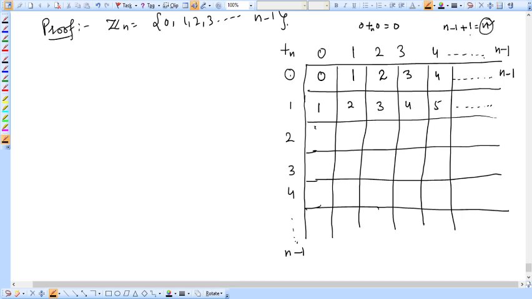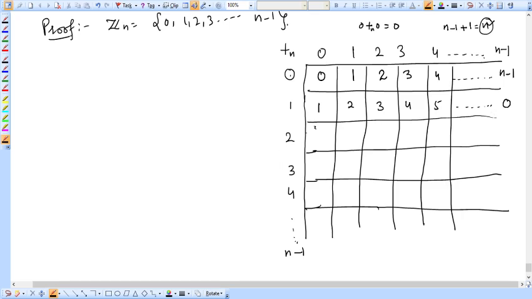Now you are going to divide n by n, so the remainder would be 0 here. So this would not be simple addition, but it would be 0 because this is greater than n minus 1, and something greater than n minus 1 leaves some remainder when divided by n, right?